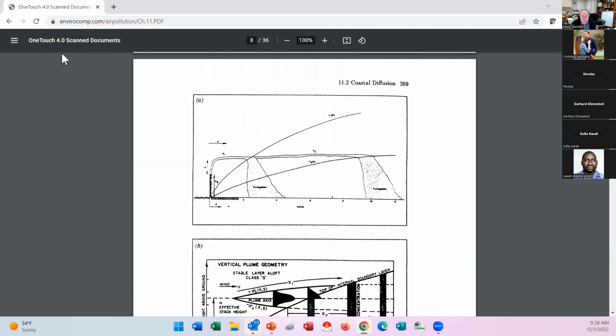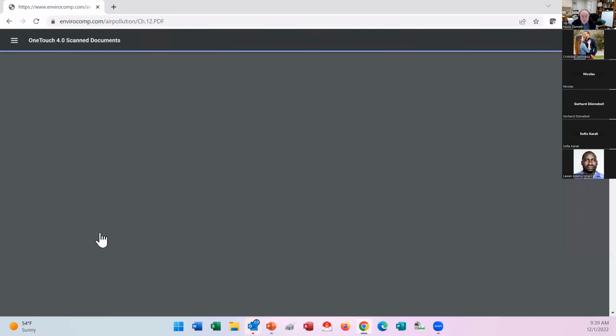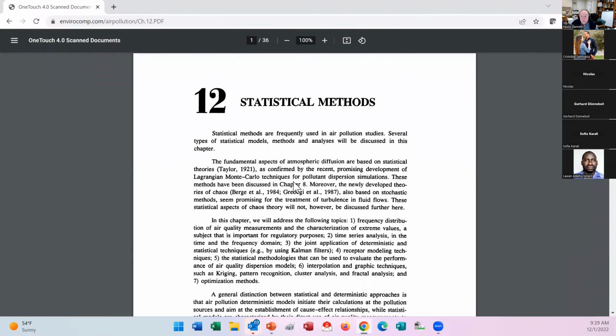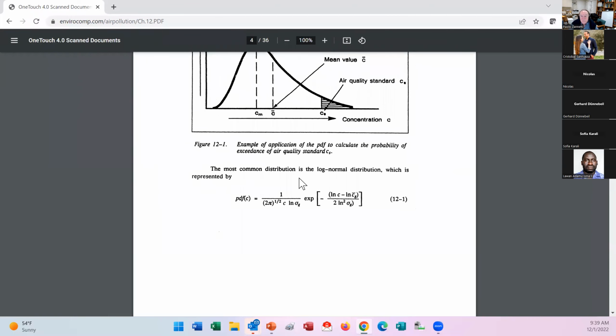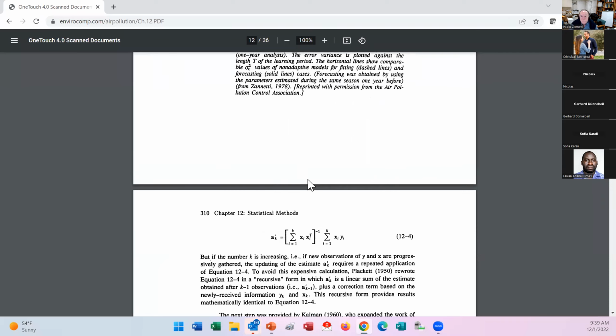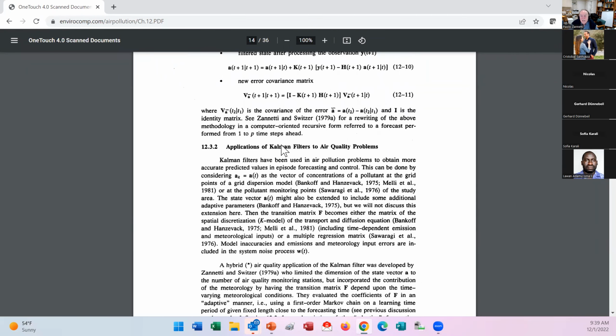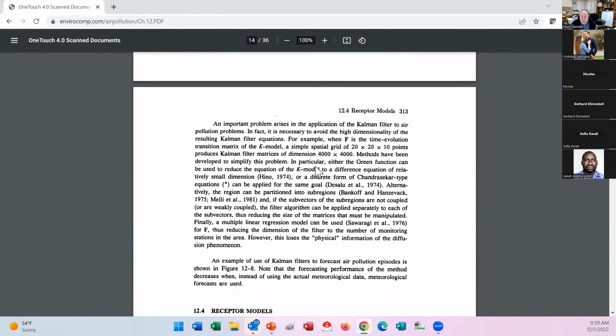I cannot search with keywords. Here we are. I've done Kalman filtering a long time ago, but the methodology has not changed. So there is some description here.